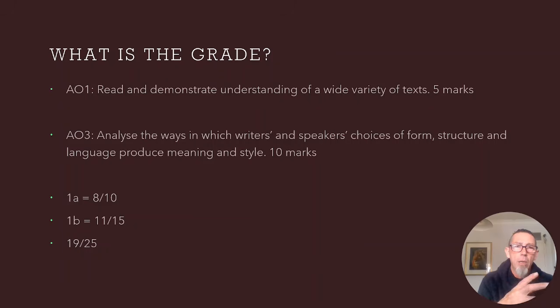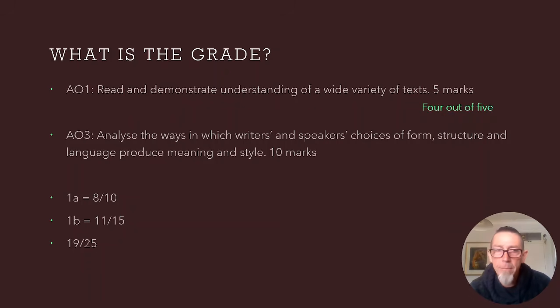So the grade for this text, I graded an overall 19 out of 25. Remember, for this question 1B, there are 5 marks for the reading. I gave the student a 4 out of 5 there. And then for the analysis, that last part about the language devices, I wasn't 100% happy with it.